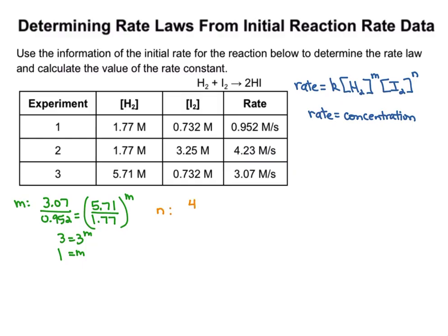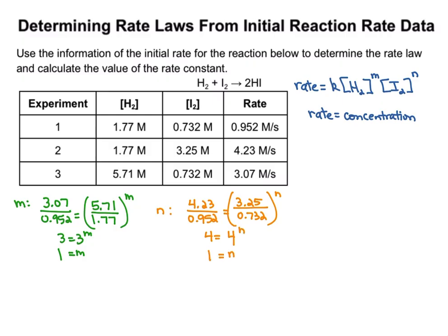So the rate would be 4.23 divided by 0.952, and this equals to 3.25 divided by 0.732 to the power of n. This is going to give me 4 equals 4 to the power of n, so n equals 1.